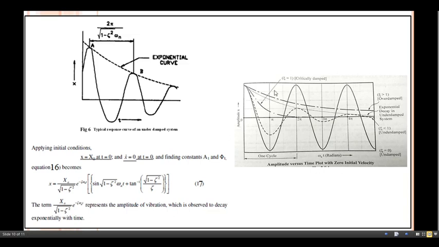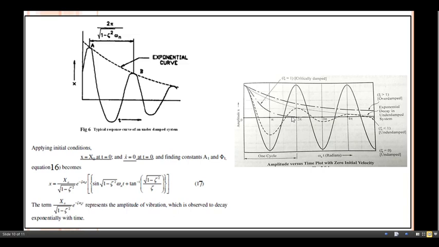Now look at this amplitude versus time plot with zero initial velocity for all the cases. This case is related to the critically damped system. Here, this response touches the time axis.